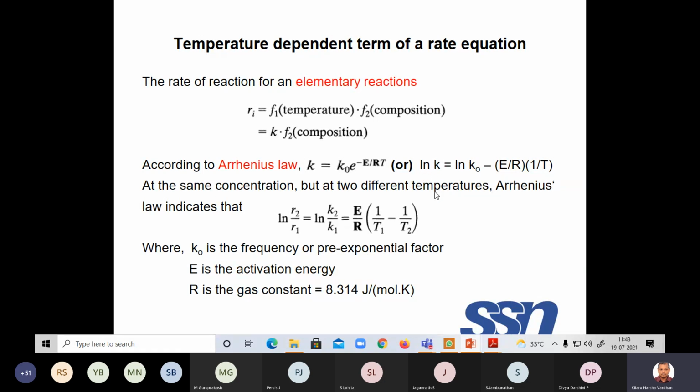Then Ln K0 gets cancelled out, and you get minus E by R into 1 by T1 minus 1 by T2. Ln R2 by R1, the rate at the new temperature divided by the rate at the old one, is Ln K2 by K1, which is E by R into 1 by T1 minus 1 by T2.